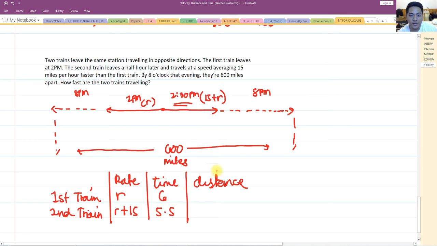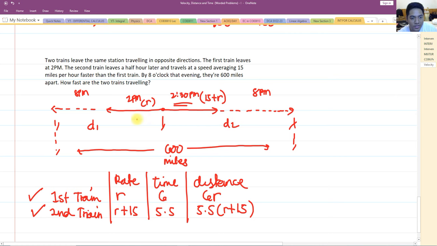And they say that the distance traveled is 600 miles. So from this, we can get the distances: 6R and 5.5 times (R plus 15). That's the distance traveled by the first train and the second train. So to picture that, this is the distance traveled by the first train and this is the distance traveled by the second train.